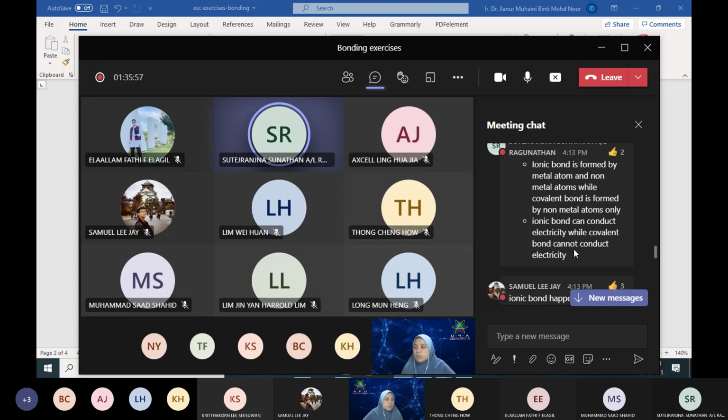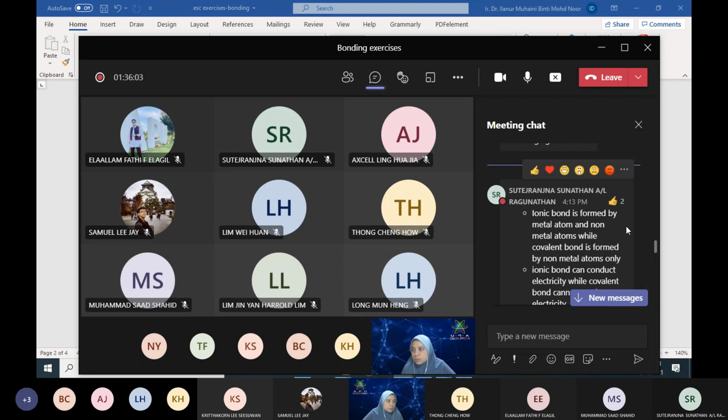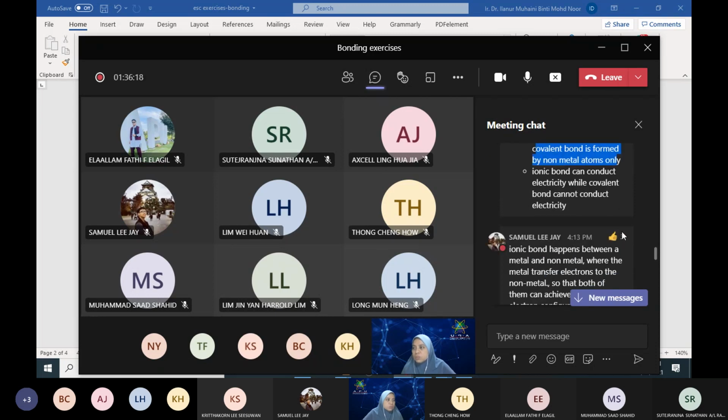Later for covalent, you write another 2 points. Oh, here got covalent bond. I didn't see, sorry. This one 2 marks each, 1 mark each. Ionic can conduct while covalent cannot conduct. Okay, 2 marks. So total 4 you can get.